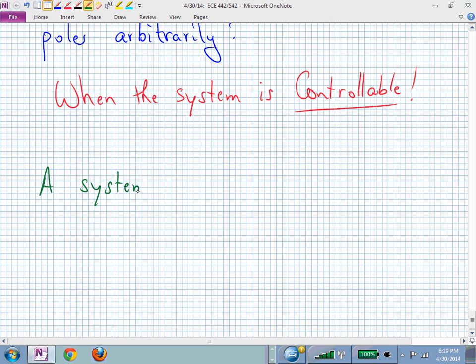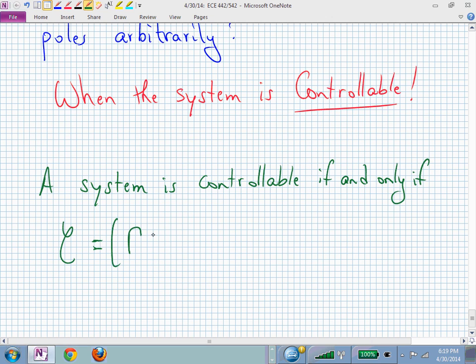A system is controllable if and only if, now we're getting sort of theorem-y, this is now a script C for the controllability matrix. I'm going to build that up with a collection of columns. Gamma, remember, is my input matrix, and it could be m columns wide, but in this class probably it'll just be one column wide.